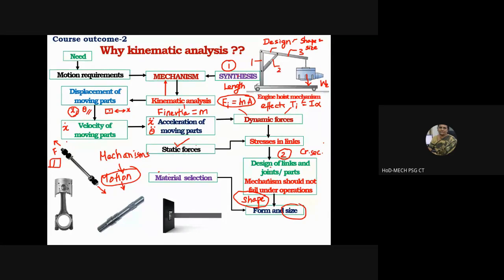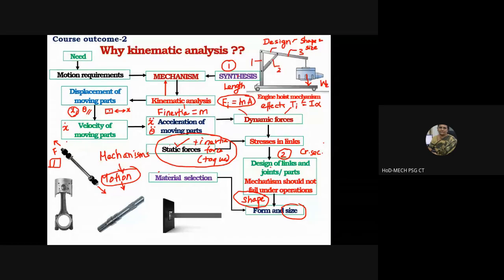So apart from the static forces, we also have to include the inertia forces. When I say forces, I also mean torque, inertia torques. Then only the total net forces acting on a mechanism will be complete.